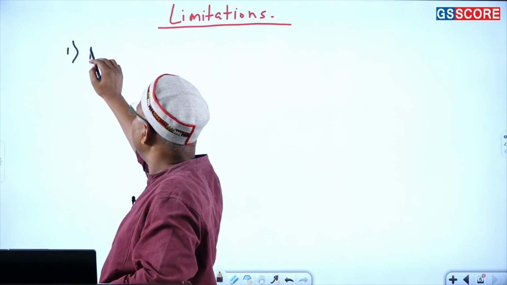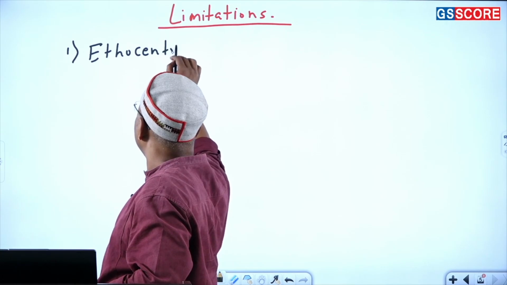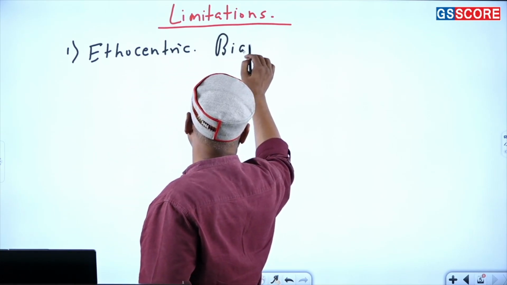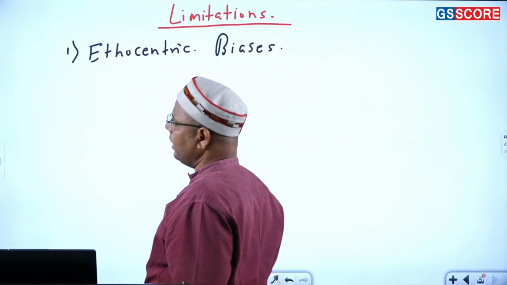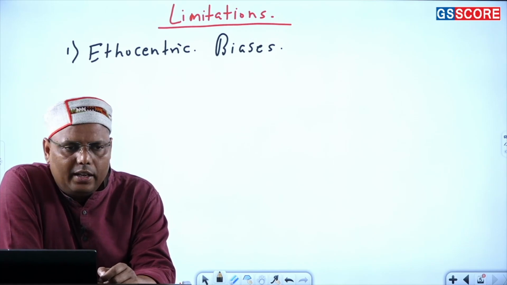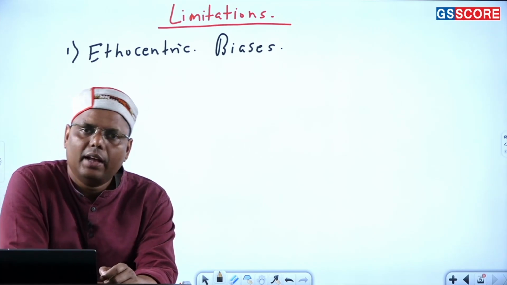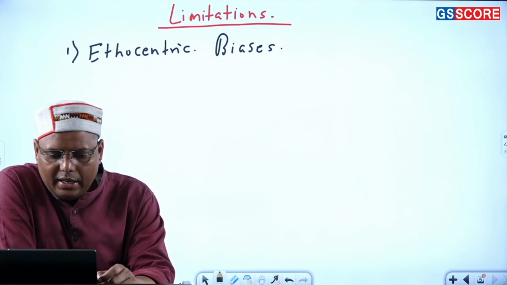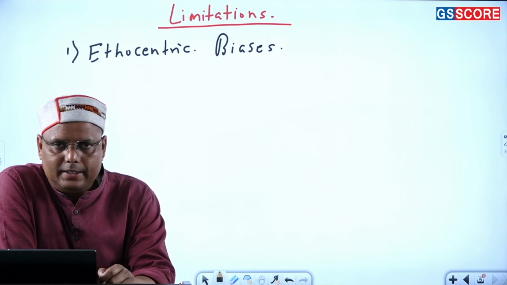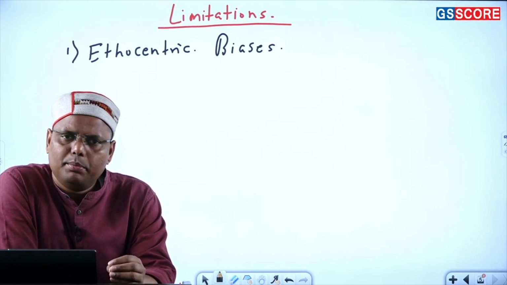So first I'll say the ethnocentric biases. Now, what are these ethnocentric biases? Basically, when it comes to their view about Indian culture, they have always tried to observe Indian culture with the Greek lens. Fine. I think it's quite obvious also that we are brought up in a particular culture.